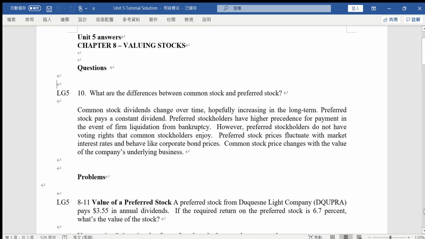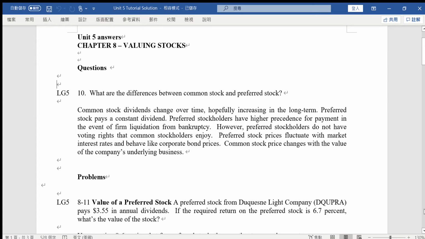Okay. Other than that, one more thing is about the share price. For the share price of common stock, you will find that it is affected by many factors. What are the factors that will affect the common stock share price? For example, the company's profit amount.